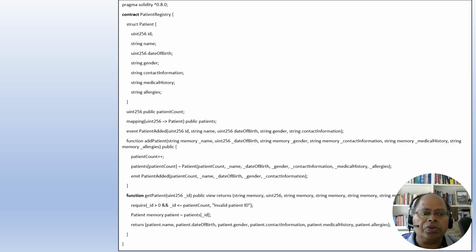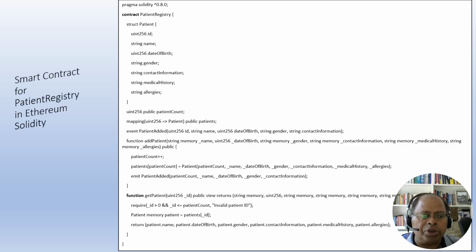Okay, so this is another example of a smart contract developed in Ethereum's programming language, Solidity. See, patient registry is one contract, and then you can express the constraints. So it's quite simple to develop a patient registry in Ethereum Solidity.